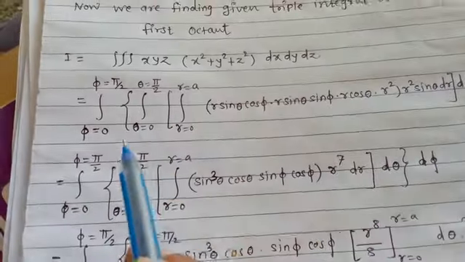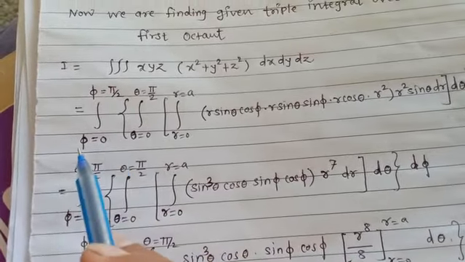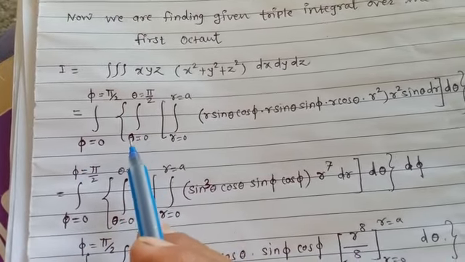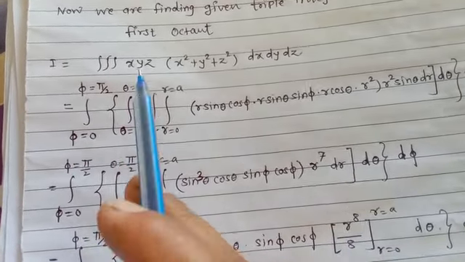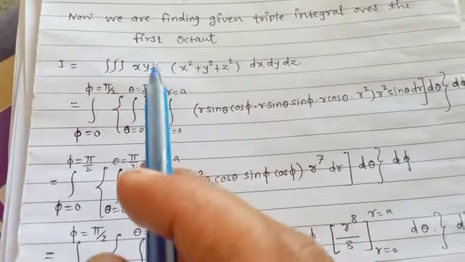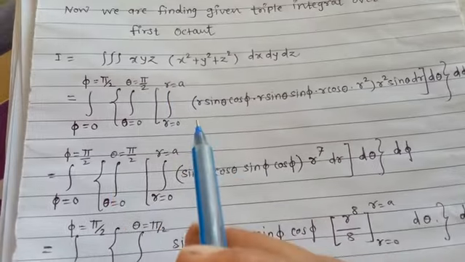then this integral we can write as the integral from phi equals 0 to phi equals pi by 2, in curly brackets theta is moving from 0 to pi by 2 and r is moving from 0 to a. Now we have to convert every Cartesian coordinate into the polar coordinate system.